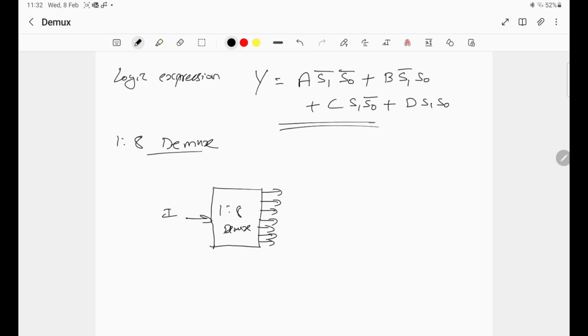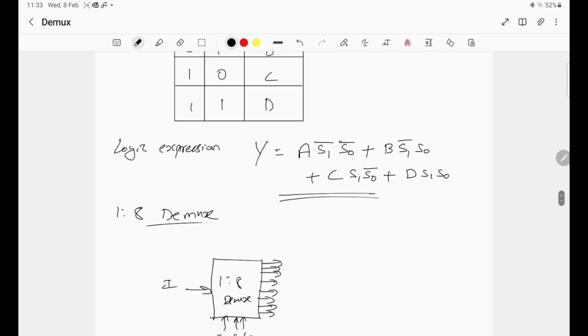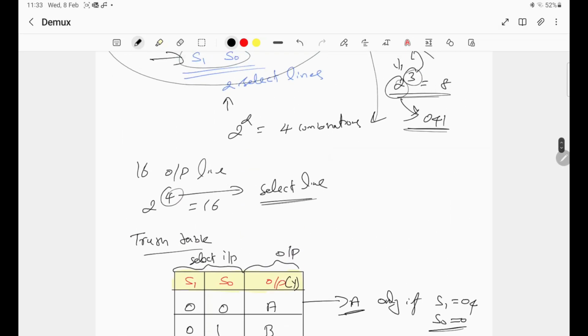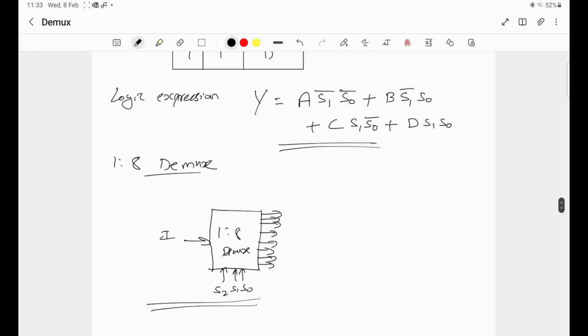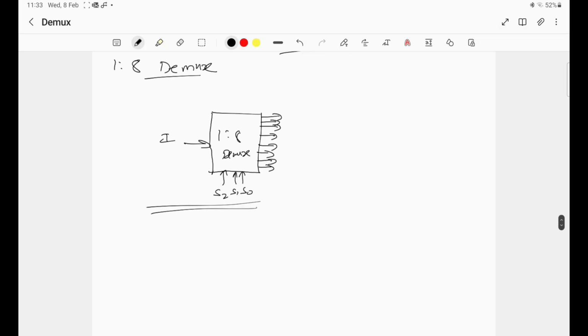And we need 3 select lines, S2, S1 and S0, because we need to select among 8 output lines. The remaining process is the same as we have seen in the 1:4 Demux. We have to draw the truth table and write the expression as we have done for the 1:4 Demux.